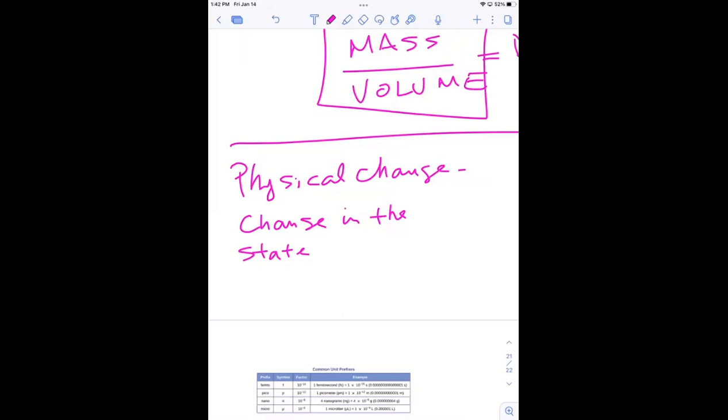That's why I stopped eating at American Deli, because they put hot food in styrofoam plates. When you overheat styrofoam, it goes from one type of matter to another, and you don't want that in your body. But a physical change is a change in the state or form, but no change in the chemical composition.